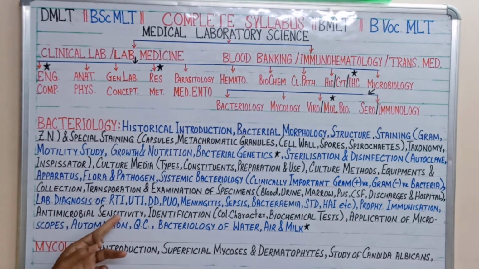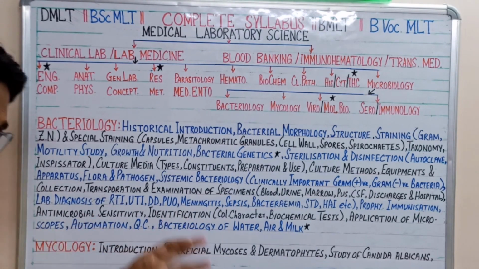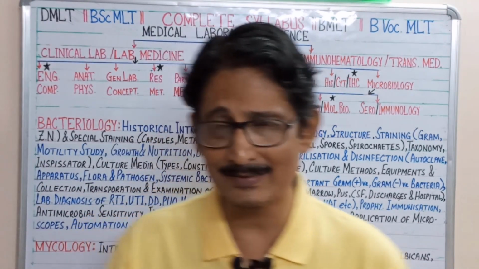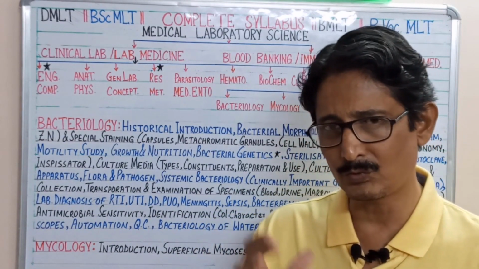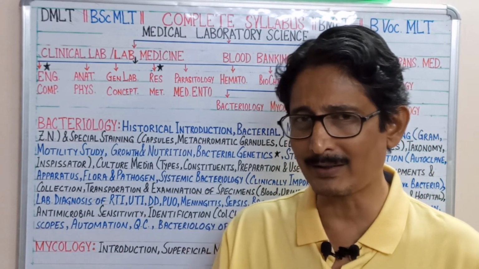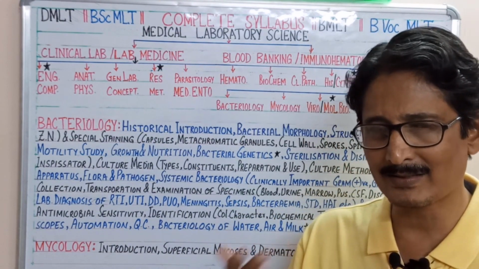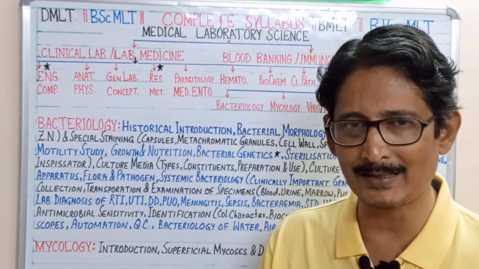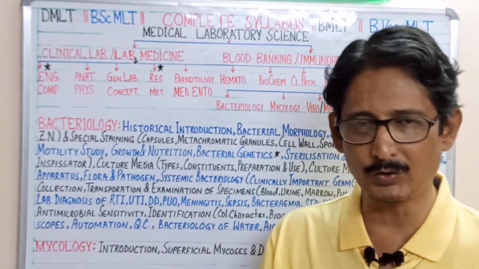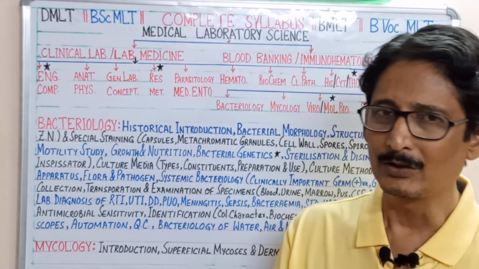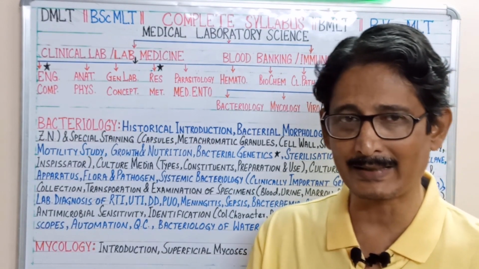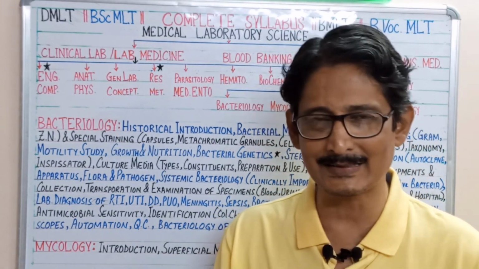Now the antimicrobial sensitivity. After examining a sample, that is blood or urine, where we have to recognize the bacteria, the first step is that we culture that sample. If there is a colony, then there is a bacteria. After getting that bacteria, our next step is the antimicrobial sensitivity.